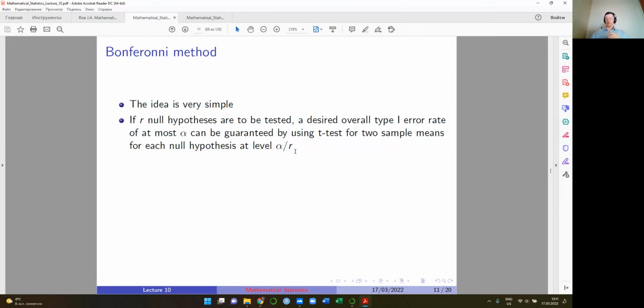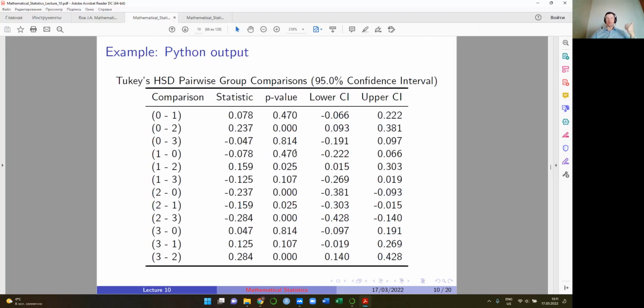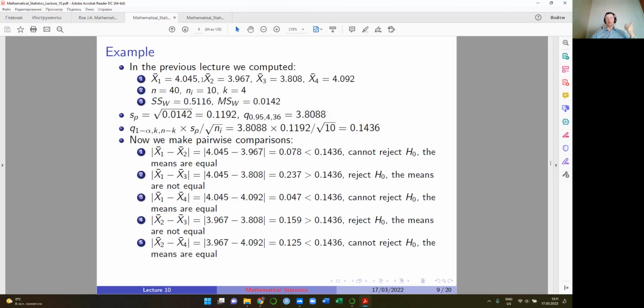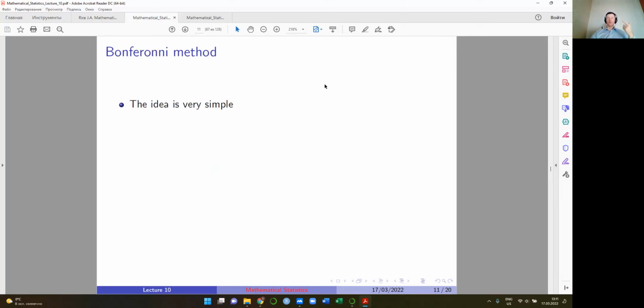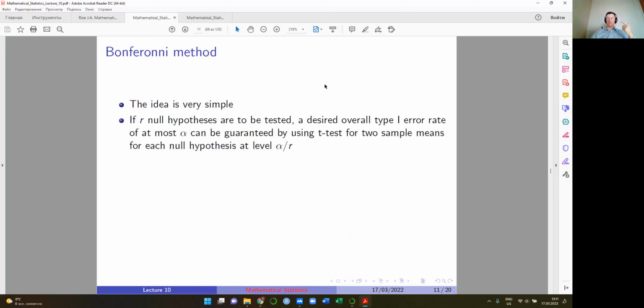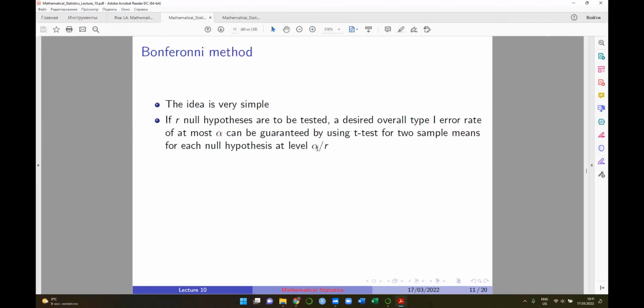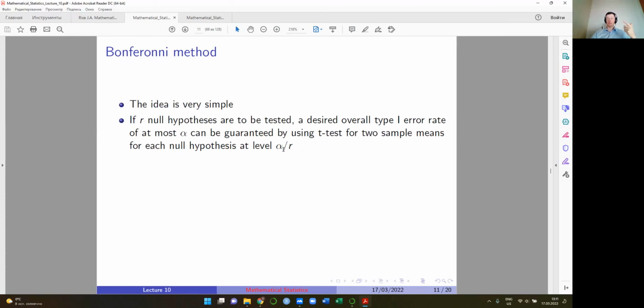It means that we can compare these sample averages pairwise with the help of the t-test. But for the t-tests, we need to use alpha over r as the significance level. It's not alpha, it's not 5%, let's say. It must be 5% divided by the number of hypotheses that we test. And we are going to be fine with this.